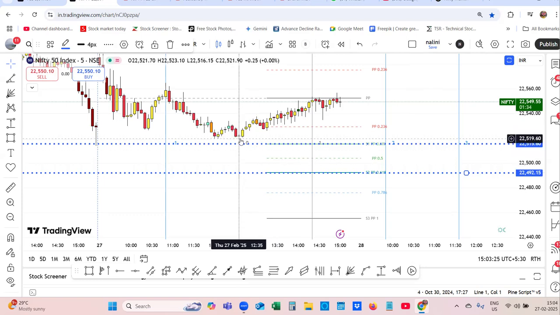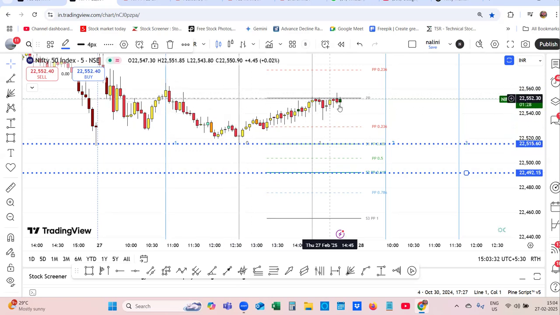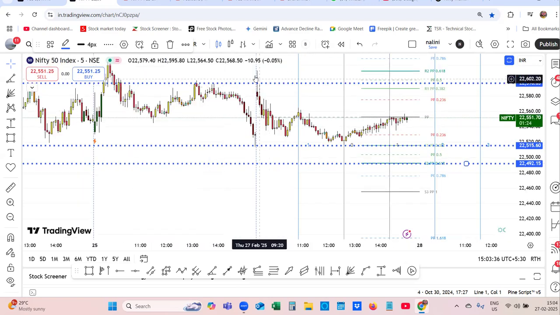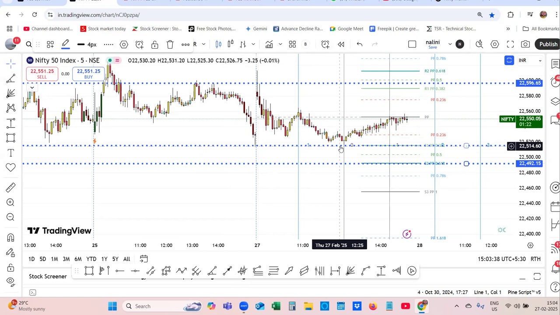It took support exactly around this area, 22,516, and a reversal trade happened in the market here. Two-way trade you could have gained today in Nifty. From here to here, PE trade, from here to here, CE trade.